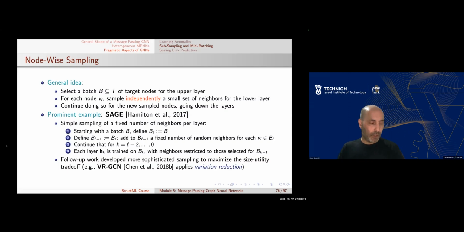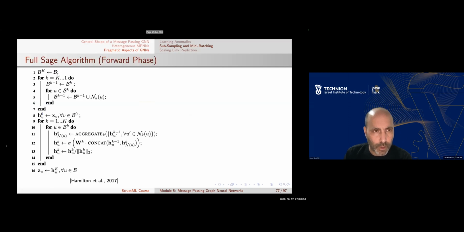And so that was Sage. Then there was a follow-up work, VR GCN, where VR stands for variance reduction, where they showed how to optimize the sizes of these samples with respect to the utility, or the sizes per layer. I will show that this actually gives good results, but I'm not going to really explain what it does. Okay, so this is the full Sage algorithm.